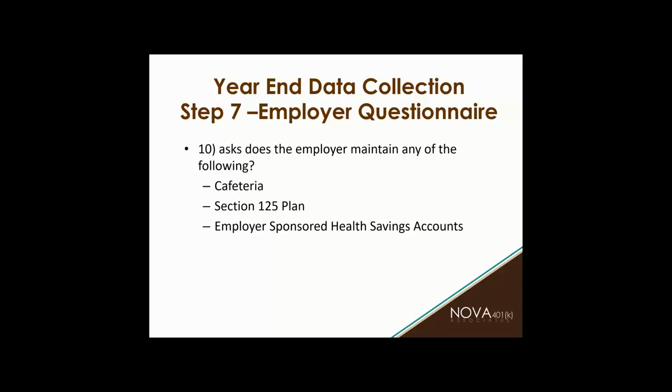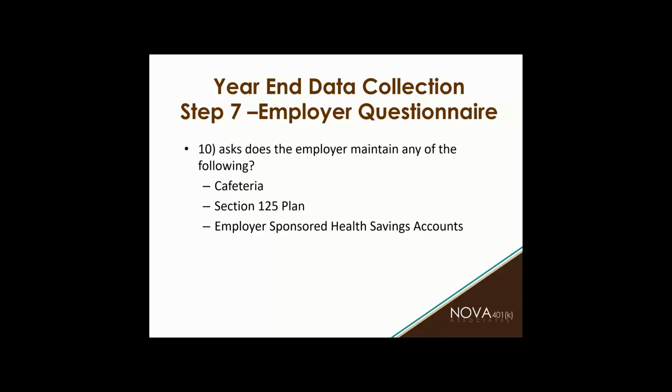Number 10 is asking if your company maintains any of the following. Basically a cafeteria plan, Section 125, employer-sponsored health savings accounts. Basically, does the company allow for any employee to do pre-tax contributions to help pay for health insurance premiums or HSA funds or FSA funds?